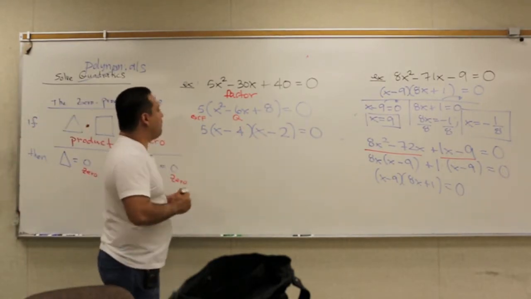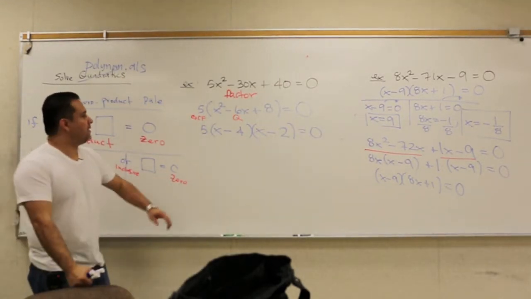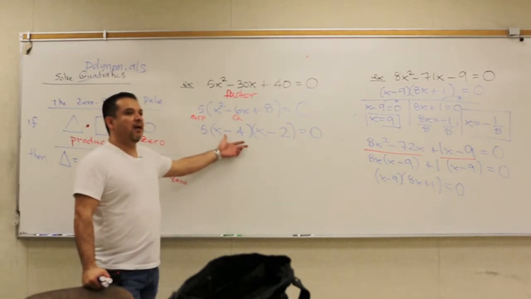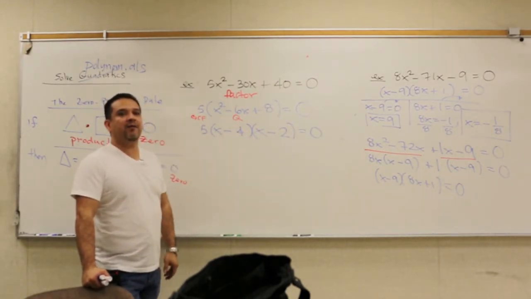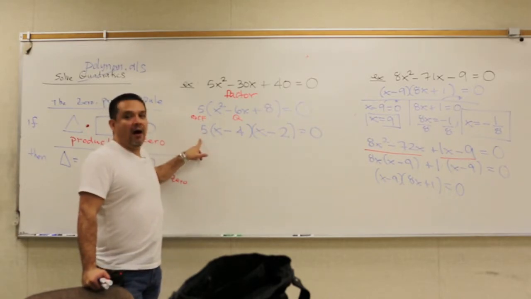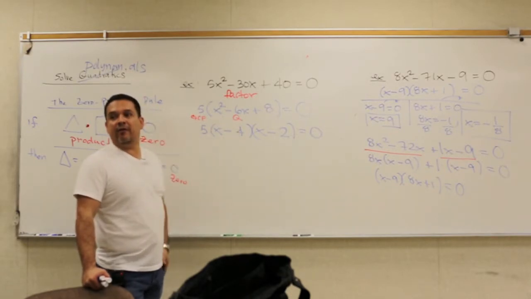So, let's stop and think about what this means for a second. Do you guys know what this means? This means that x minus 4 times x minus 2 has to make this expression 0. You say, how do you know? Well, it's not the 5. Because 5 times any number, unless the number is 0, is not 0, right?